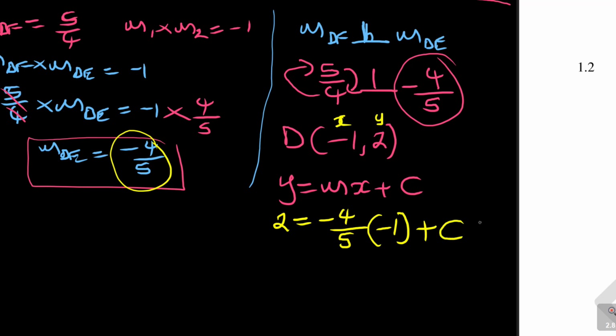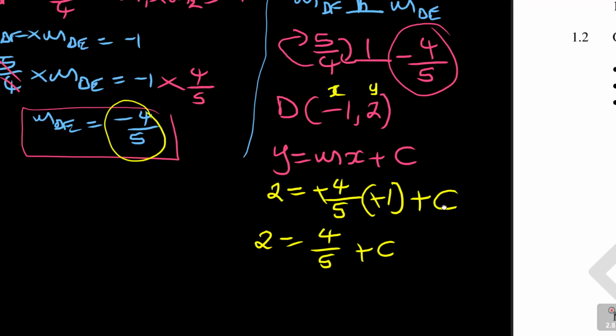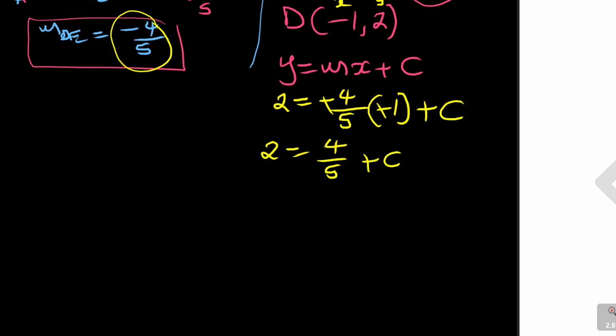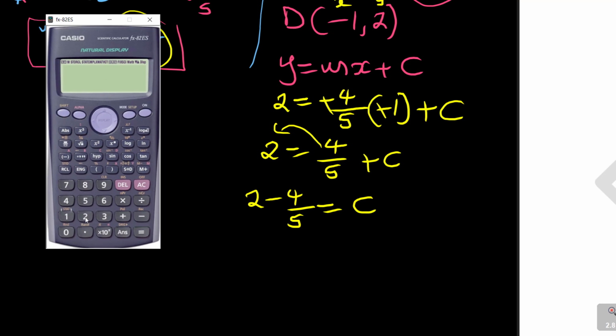Then 2 is equal to negative times negative, which is positive 4/5, plus c. Then I'm able to take this to the other side. It will be 2 minus 4/5, which gives me c. Then I can use my calculator easily there to work out 2 minus 4/5.